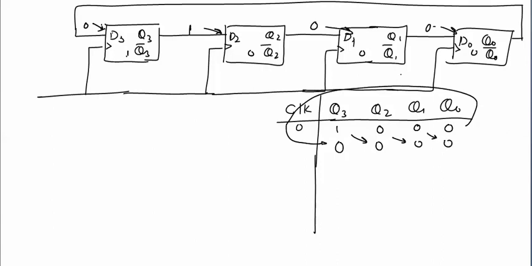Again, the same operation, this 0 will be here, all the bits will be shifted. Sorry, this will be logic 1. All the bits will be shifted, this 0 will come here, all the bits will be shifted, and this 1 will come here, all the bits will be shifted.